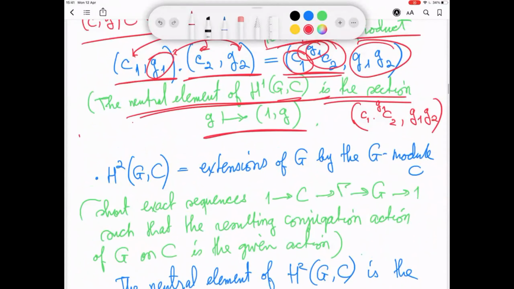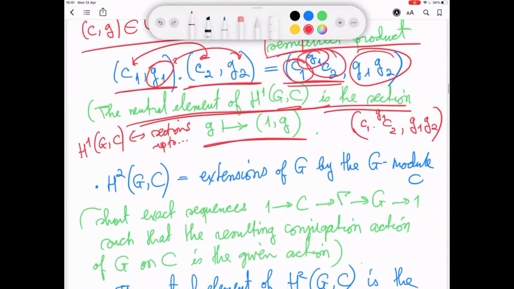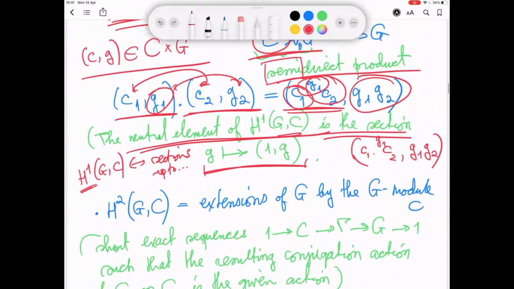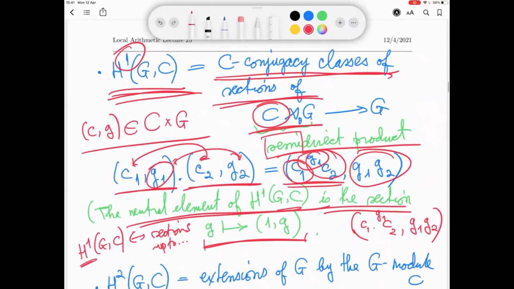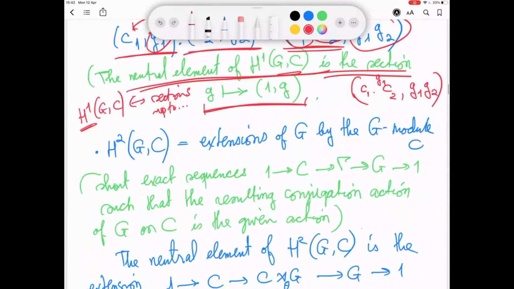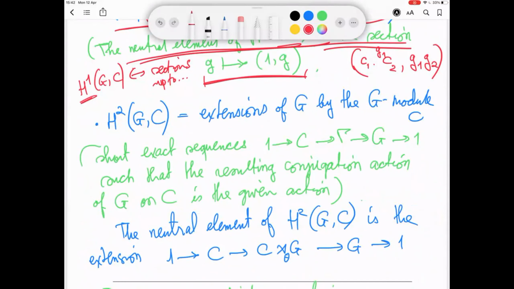If you identify H^1(G, C) with sections up to some equivalence relation, the neutral element corresponds to the section g going to (1, g). That can be seen to be a section, of course. Okay, so that is the interpretation of H^1.